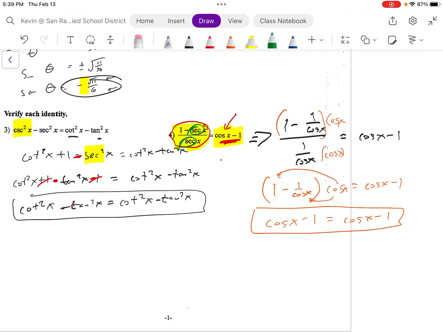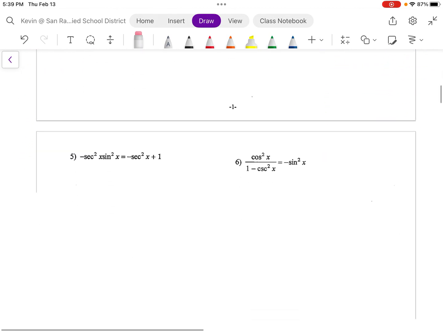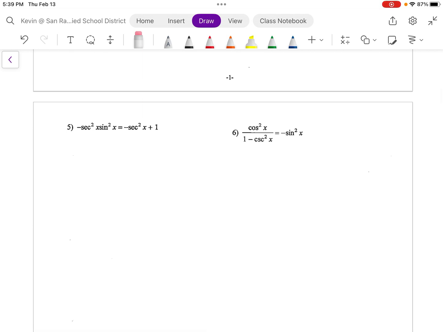And then recognize the fact that these are all in terms of secant, but what I'm trying to make it look like is in terms of cosine. So right away, I should be thinking about the fact that secant x equals 1 over cosine x. All right, so you just got to get that frame of mind. I know that that first step is what people are struggling with the most.